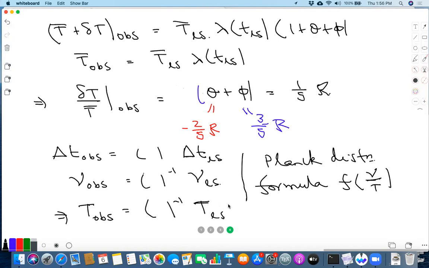This is the way we had also calculated, not for fluctuations but just for the cosmic microwave background, how the temperature in the early universe is related to the temperature today. You saw this 1 over lambda dependence, lambda caused redshift, and that redshift we translated to a temperature variation.